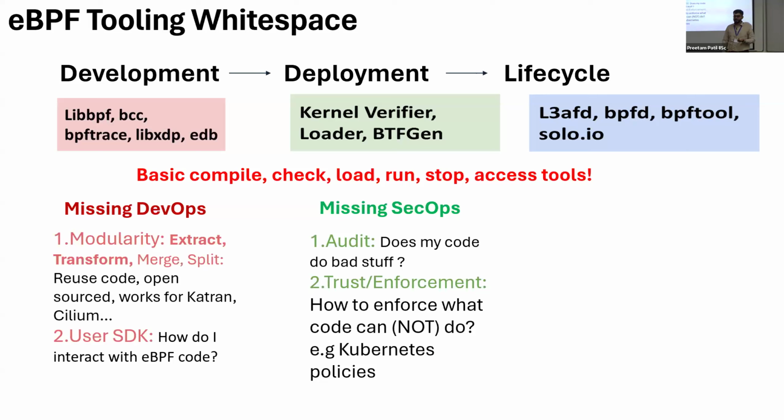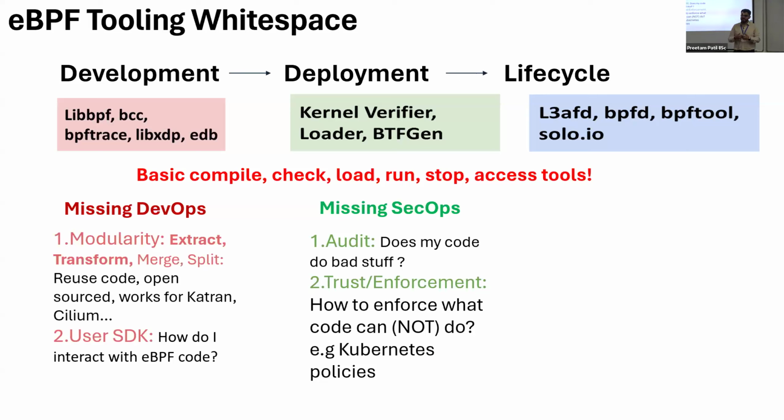The other thing that is missing is SecOps. So in this eBPF scenario, you have programs that you download from somewhere and you execute. If you are running a cloud, and that too a cloud that has strong compliance to provide, like HIPAA compliance or GDPR compliance, you have to make sure that the program at times does not execute on particular types of packets or does not view certain types of data because of the regulations.